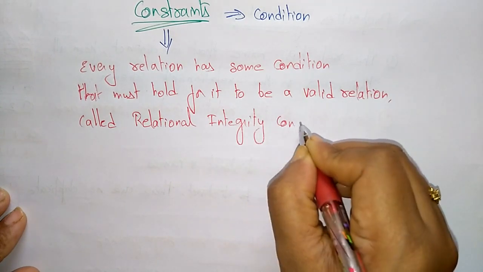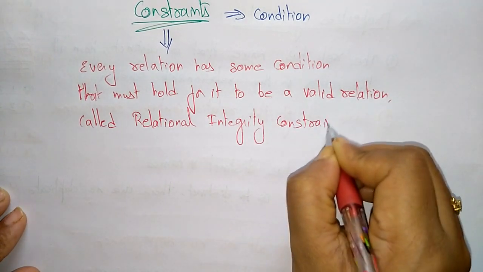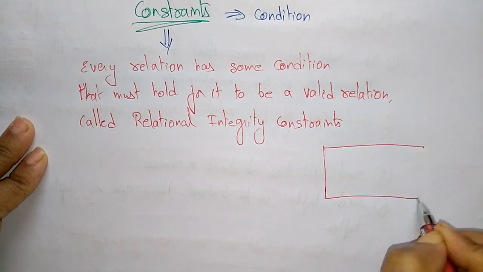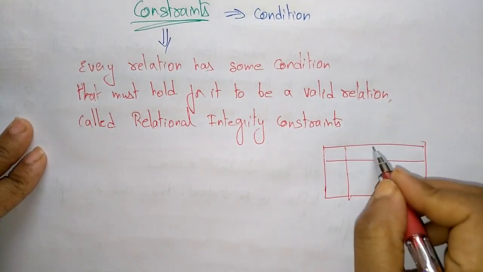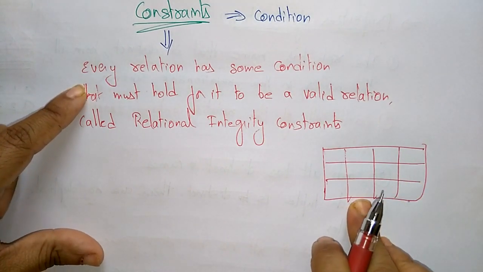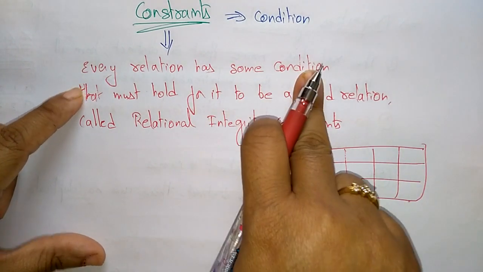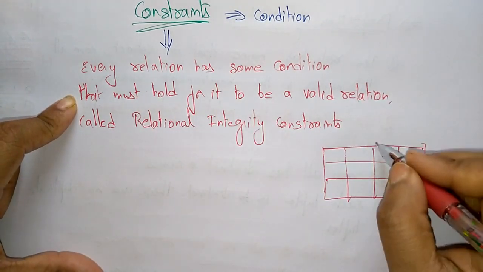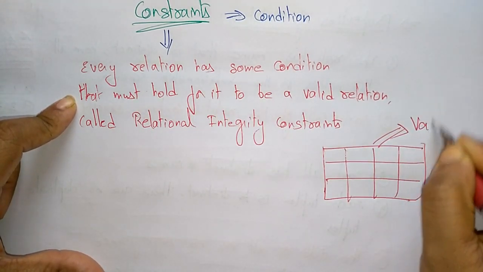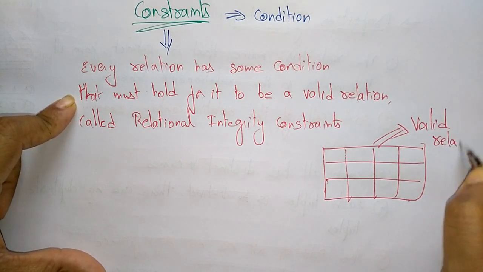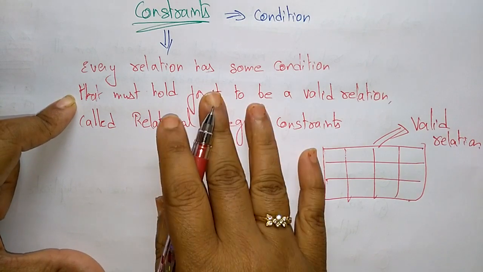So what does it mean? Whatever table you are taking, this is a relation. This relation has some condition that must hold for it to be a valid relation. How can you say this is a valid table or a valid relation? Based on some conditions.